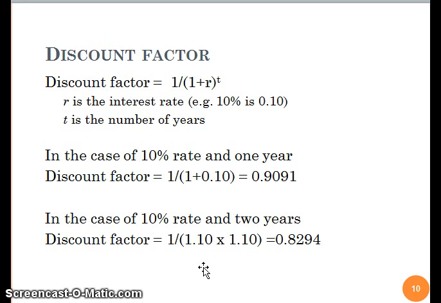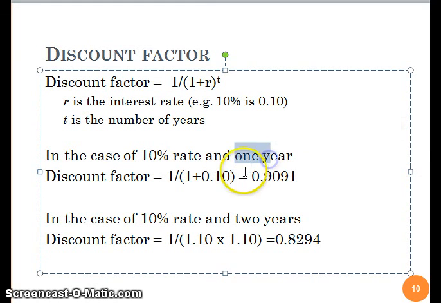In case R is 10 percent, in the first year the discount factor will be 1 divided by (1 plus R), in the sense 10 percentage, so 10 by 100, it is 0.10, the whole power t. Since t is 1, it's 1 year, the discount factor is 0.9091.